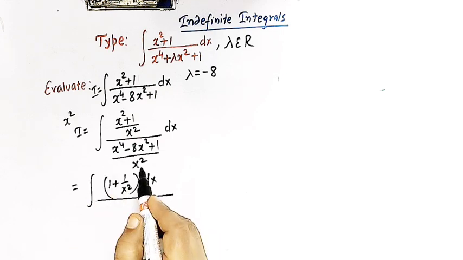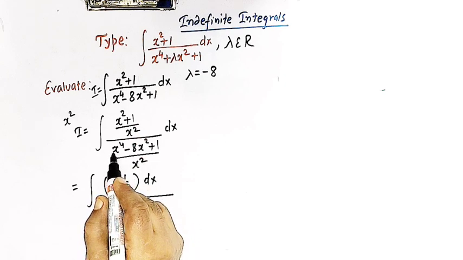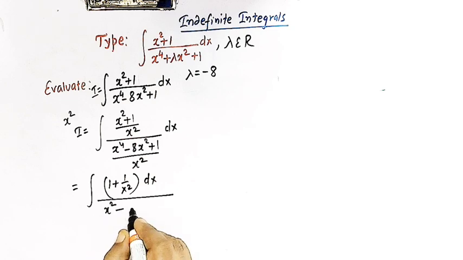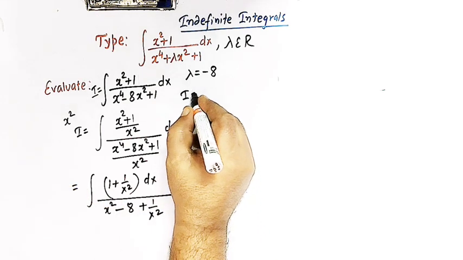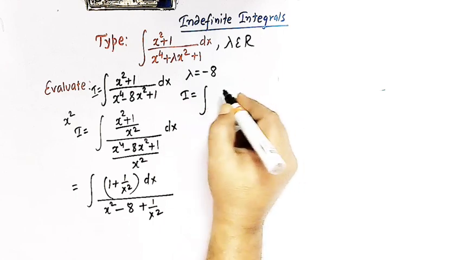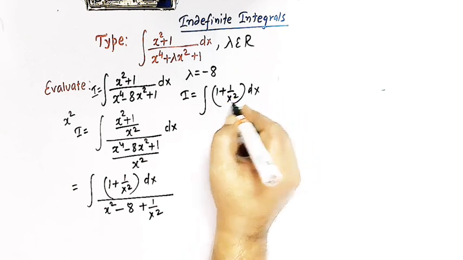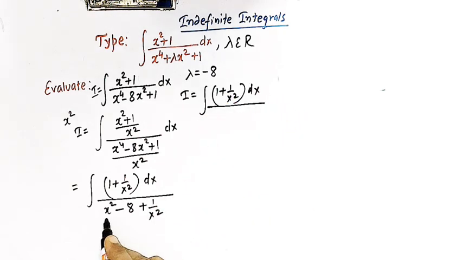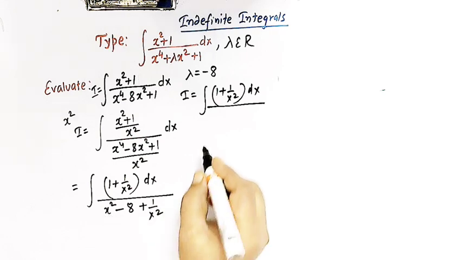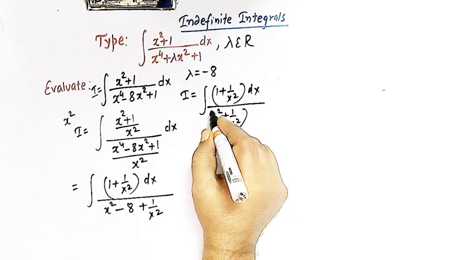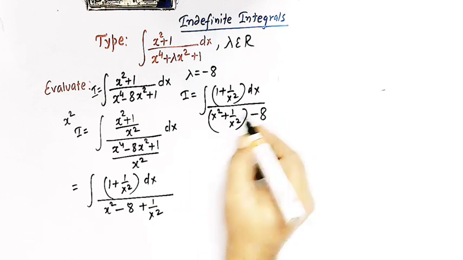And now if we take this x square to the denominator of these three terms, we'll get x square, then we have minus 8, and then we have 1 over x square, right? So now this integral I can be written as 1 plus 1 over x square dx, and in the denominator we can collect these two terms, that is x square plus 1 over x square, and here we have minus 8, right?